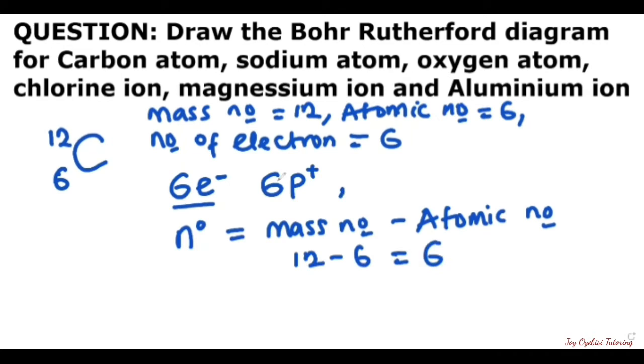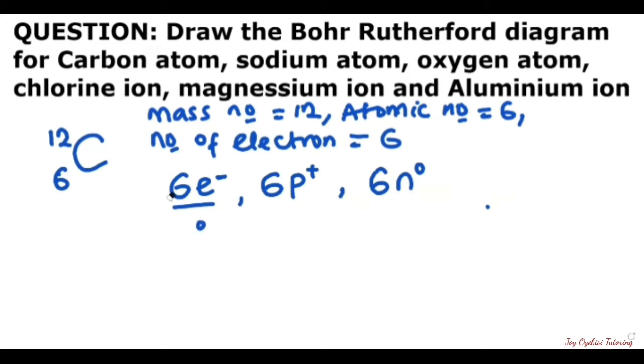So we have these three things that we need to draw our Bohr-Rutherford diagram. Here we have 6 neutrons. Now that we have all this information, we can go ahead to draw our Bohr-Rutherford diagram.